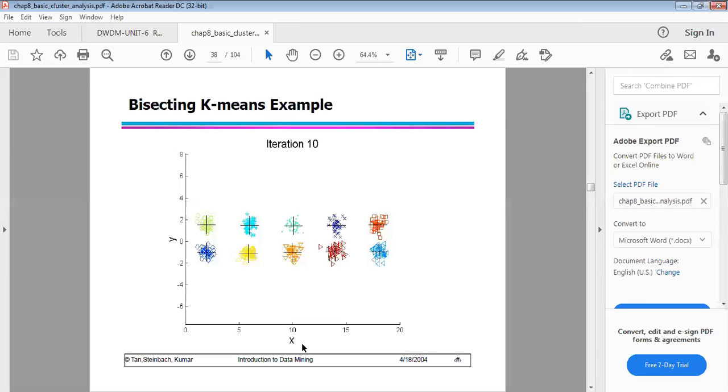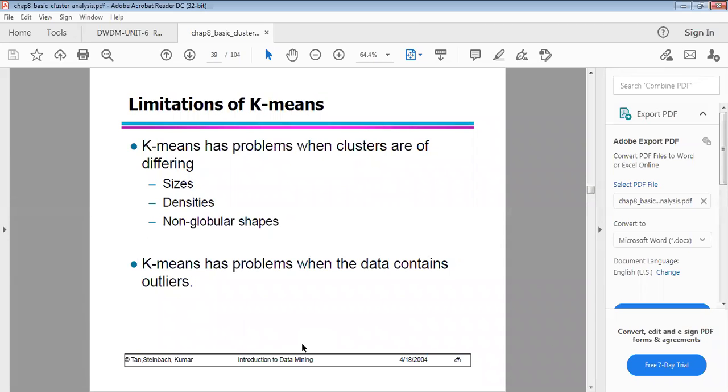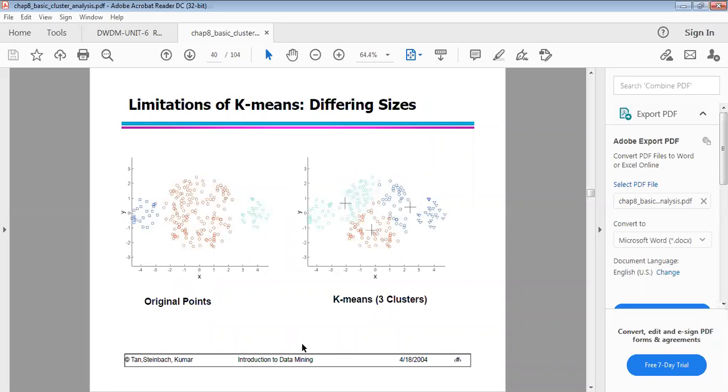After applying bisecting k-means, you can represent it like this. These are the original points. Again, we divide the data points. So this is one cluster, this is another cluster, and this is another cluster. Applying the bisecting k-means algorithm to these original points converts them into k-means 3 clusters.